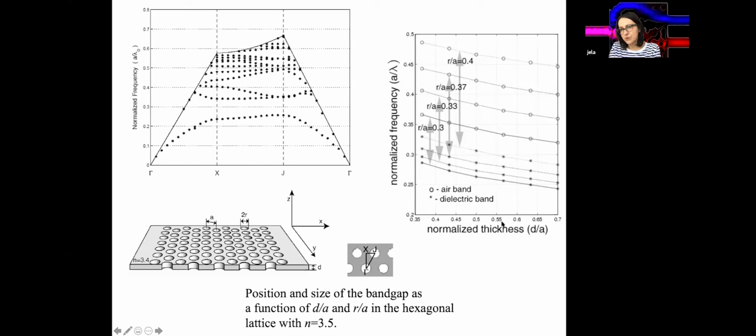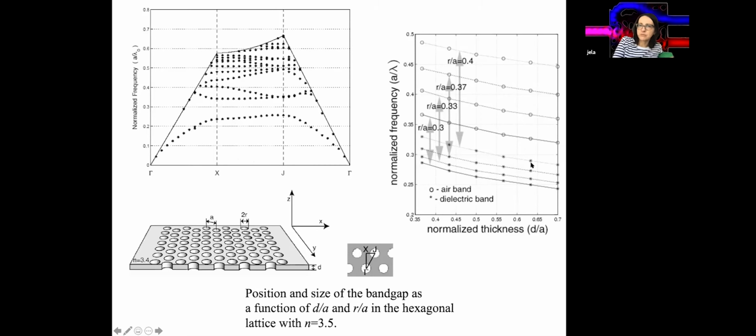On the horizontal axis, you have normalized thickness, which is the thickness of the slab divided by periodicity, and different pairs of lines correspond to different hole radius divided by periodicity, R over A. You're keeping N at 3.4. For the range that's studied here, and that goes back to Peter's question, we're not really changing the structure of the band diagram dramatically. It remains the same shape of the bands, except that they're pulled up or down. The band gap is changing, but the shape of the bands is not changing dramatically. It's still a small perturbation.